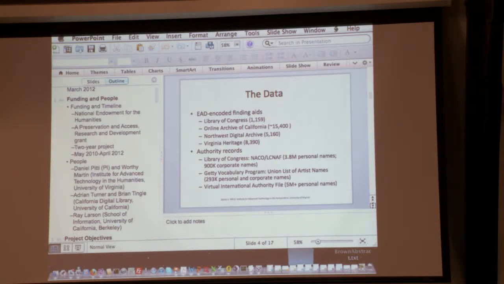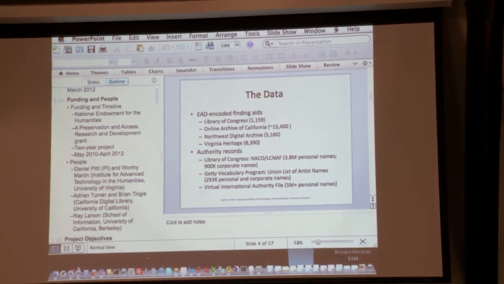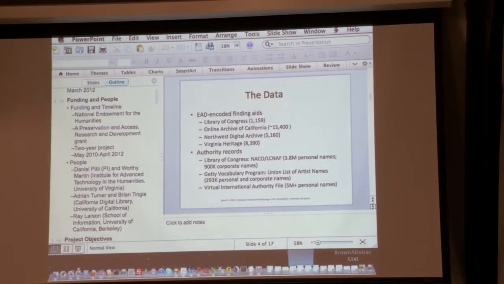In addition to that, we have authority records from the Library of Congress and authority records from the Union List of Artist Names from the Getty. And finally, that number there of 5 million, we now are working with 16 million VIAF, Virtual International Authority File, records, which we use for matching purposes and to help in identity resolution.